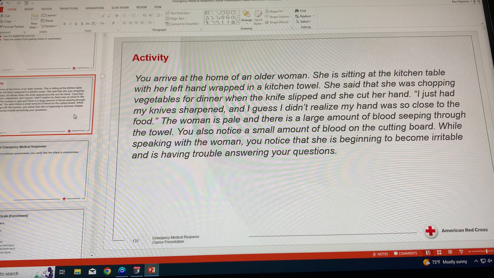"I just had my knife sharpened and I guess I didn't realize my hand was so close to the food." The woman is pale and there is a large amount of blood seeping through the towel. You also notice a small amount of blood on the cutting board. While speaking with the woman, you notice that she is beginning to become irritable and is having trouble answering your questions.